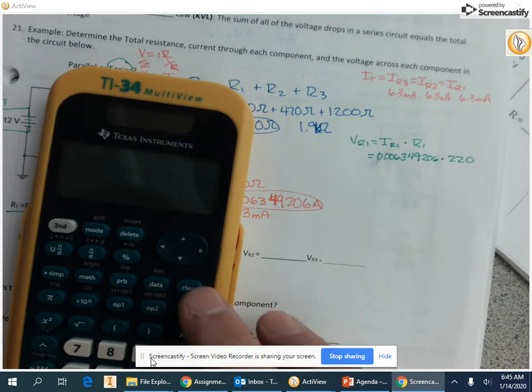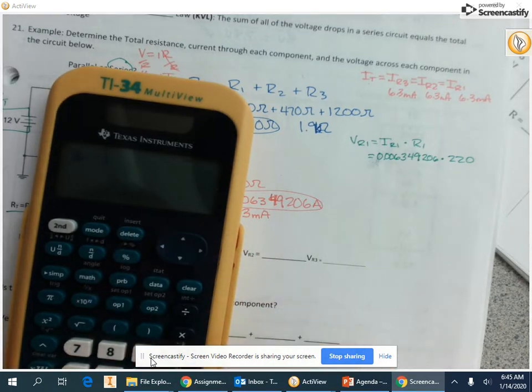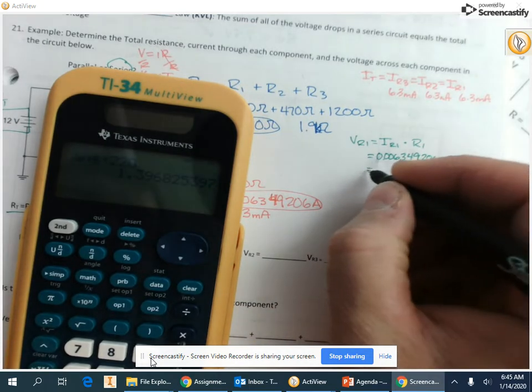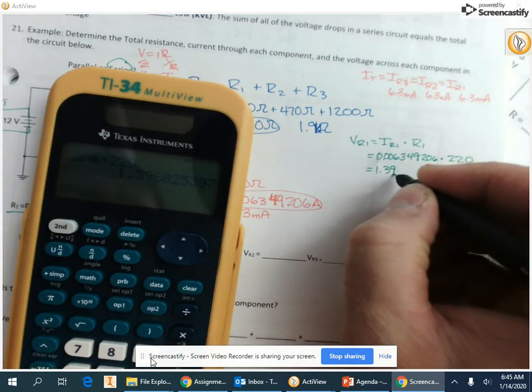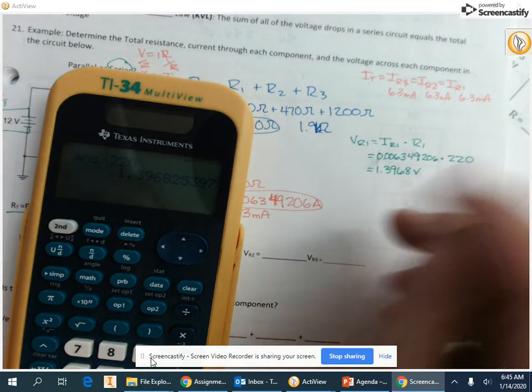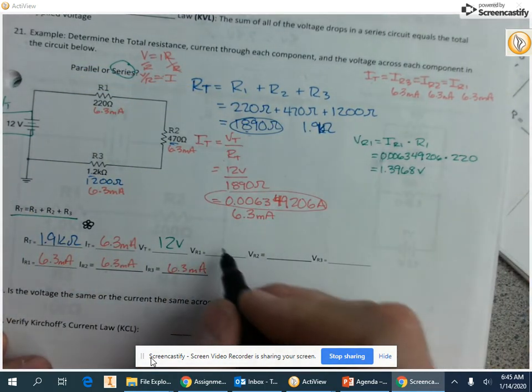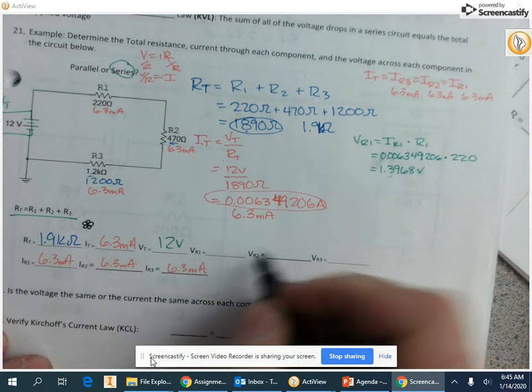Answer times 220 is 1.3968 volts, and using 2 sig figs would be 1.4 volts.